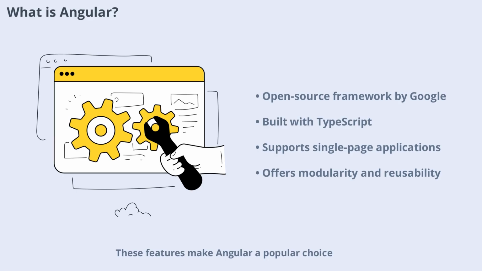These features make Angular a popular choice for building robust and scalable web apps. Understanding what Angular is and why it's used is often the first question you'll face in an interview. So, be ready to explain its core strengths.